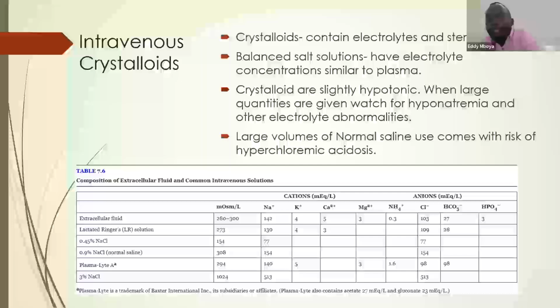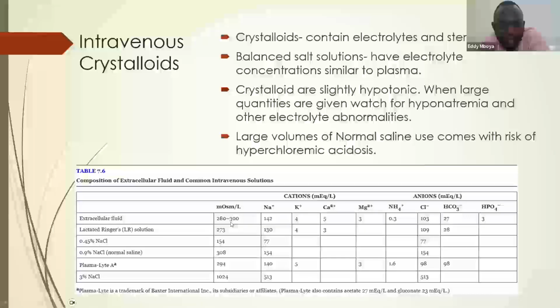Locally, what we use a lot is Ringer's lactate. Then we also have normal saline. Ringer's lactate is one of the things we refer to as a balanced salt solution, because its composition generally mimics what plasma is in a normal patient or in a normal child.